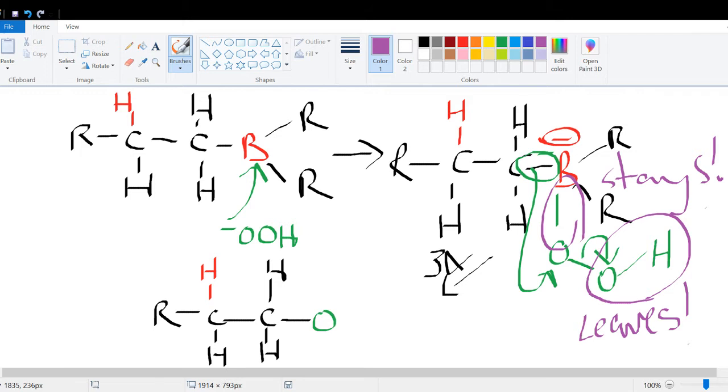A way that a lot of people like to do these reactions is they'll make a list of what's still bound, like carbon is still bound to carbon, still bound to boron, that kind of thing. Well, in this case, that boron is still attached to that oxygen, so I have to show that.